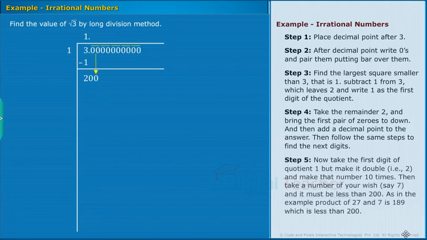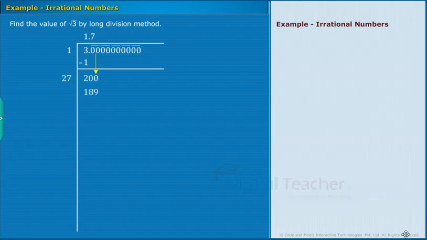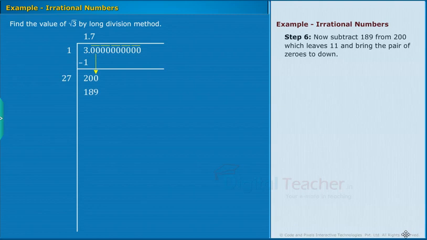Step 5. Now take the first digit of quotient 1, but make it double, that is 2, and make that number 10 times. Then take a number of your choice, say 7, and it must be such that the product is less than 200. As in the example, product of 27 and 7 is 189, which is less than 200. Step 6.